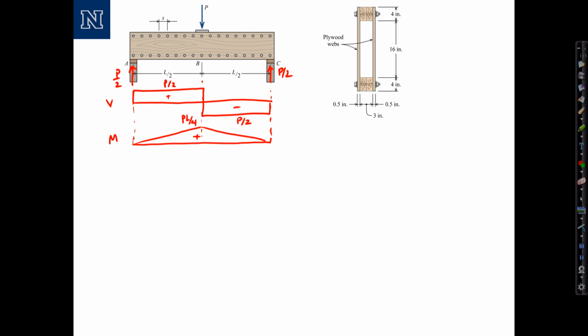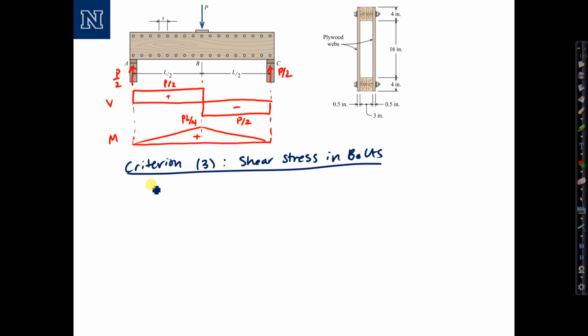The last criterion, as we discussed briefly before, is the shear stress in the bolts. Shear stress in the bolt, tau bolt, is equal to the shear force in the bolt divided by the area of the bolt.